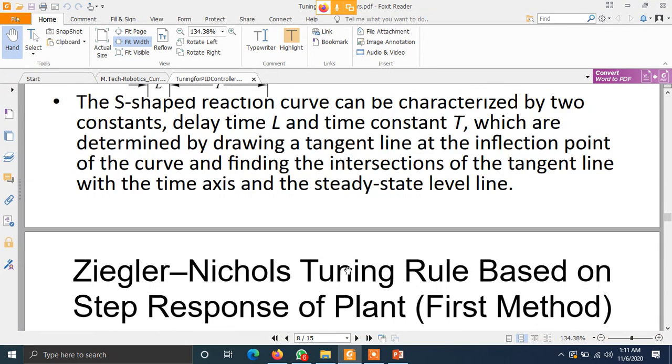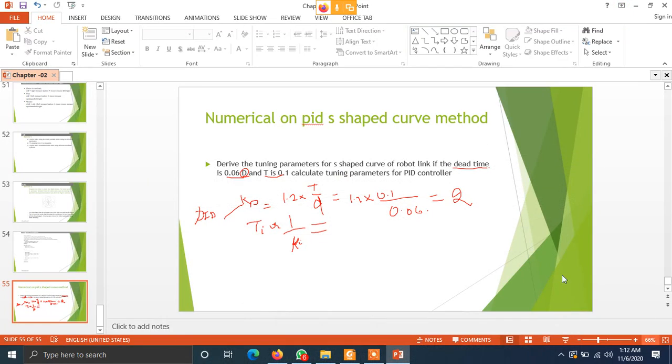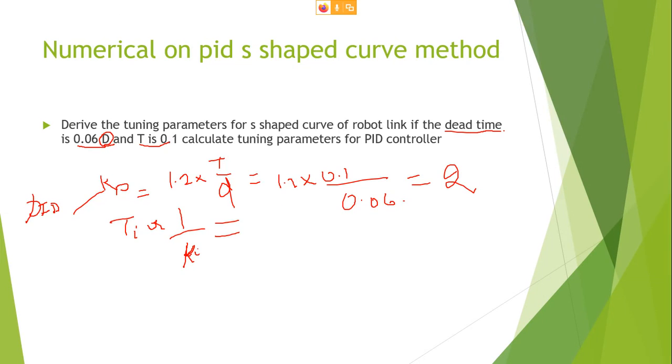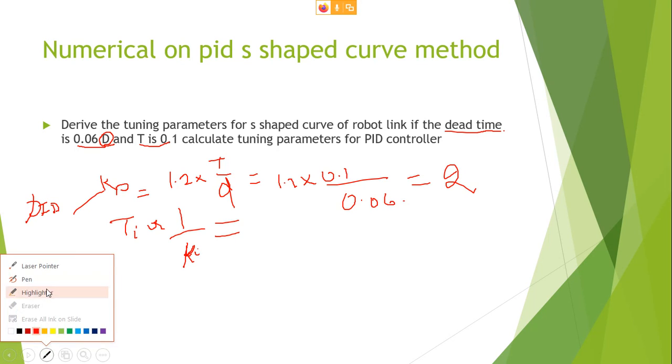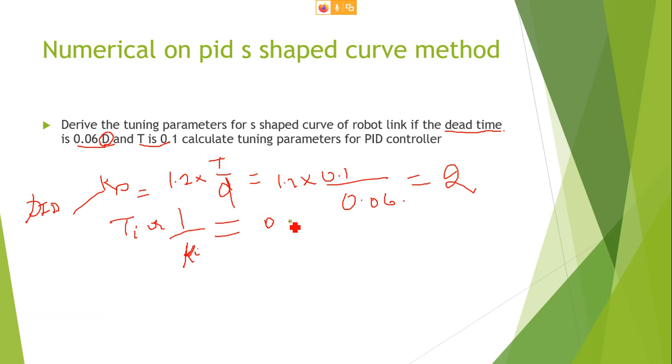So 2 times 0.06 would become 0.12. Don't worry about the annotations. This could sometimes be given as L, or as small t. They will mention what is the dead time and what is the time constant.